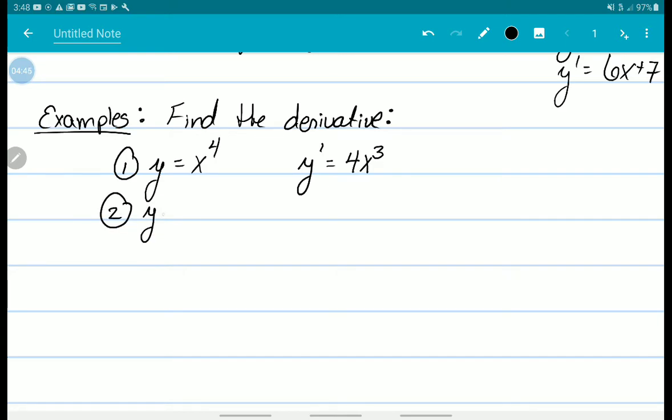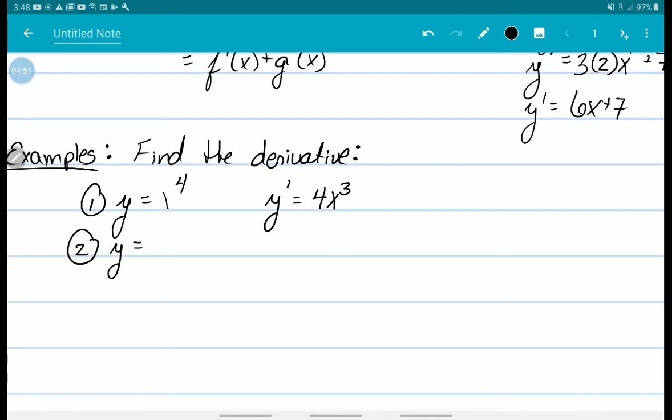Let's say we have y equals 3 over x squared. So in this case, we're actually going to have to rewrite that before we try to take the derivative. So I'm going to bring that x squared term up, and when I do, it changes the exponent to a -2.